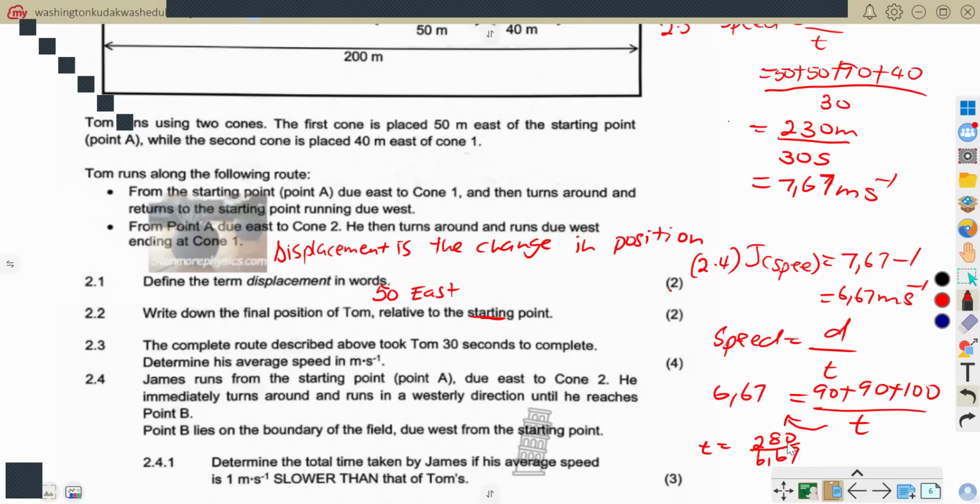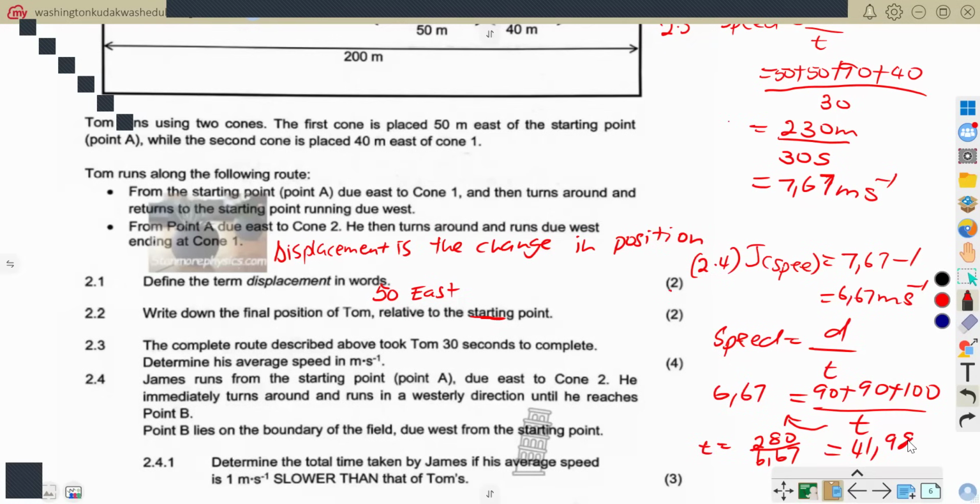So now let's punch in our calculators and see what that answer will be. If I say 280 divided by 6.67, that is going to give you a total time of 41.98 seconds.